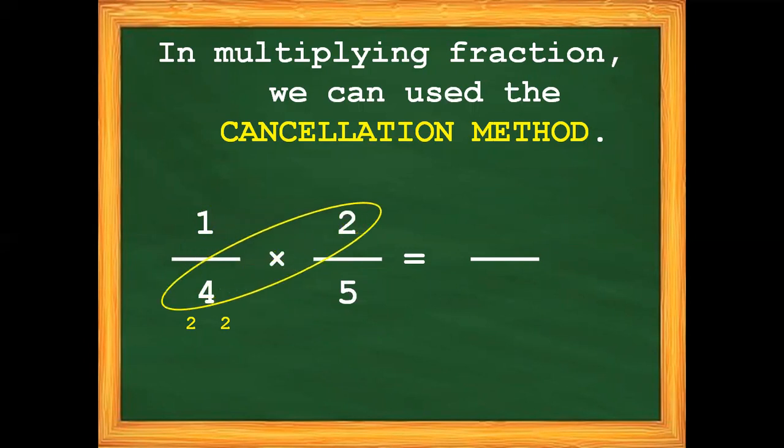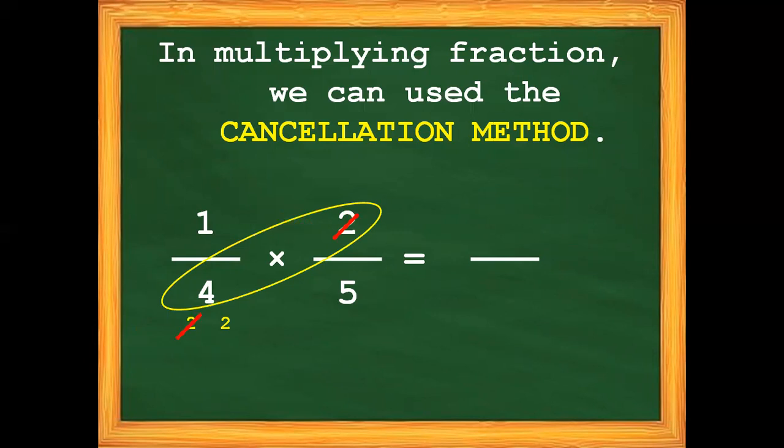How about 2 and 4? Do they have a common number to be cancelled? Yes, we can cancel 2 in the numerator's place, and we can also cancel one of the prime factors of 4. So that is 2.